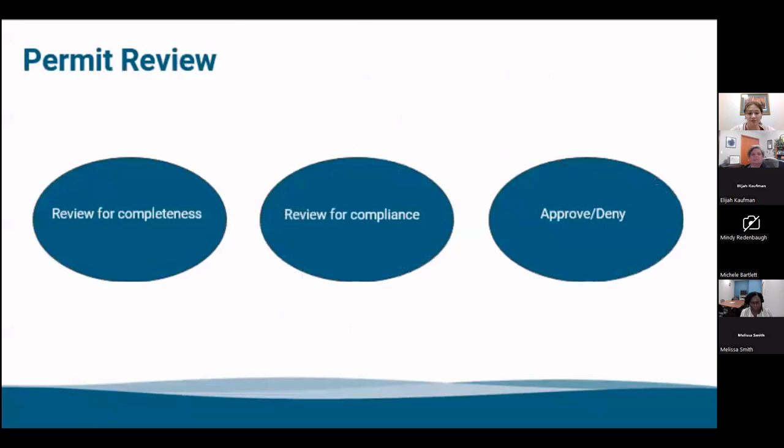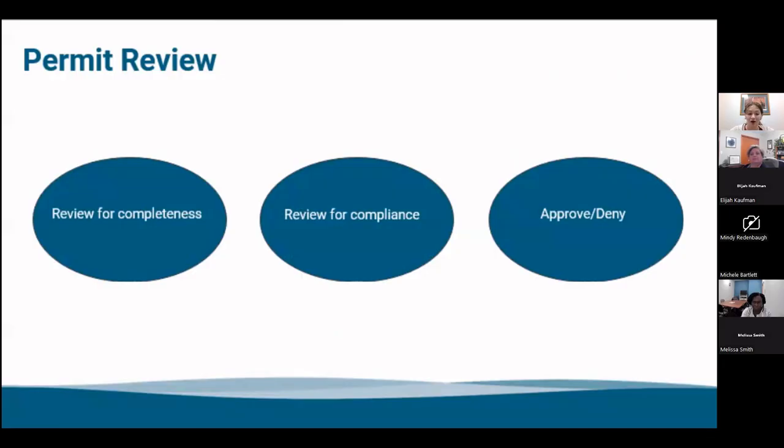So here's just a simple little thing you're looking for in the permit review. You're reviewing for completeness, you're reviewing for compliance, and then you're approving or denying or requesting more information. Completeness, you just want to make sure all the sections are filled out and all the supporting documents are attached. And that with those documents and information, they are complying with your local regulations.